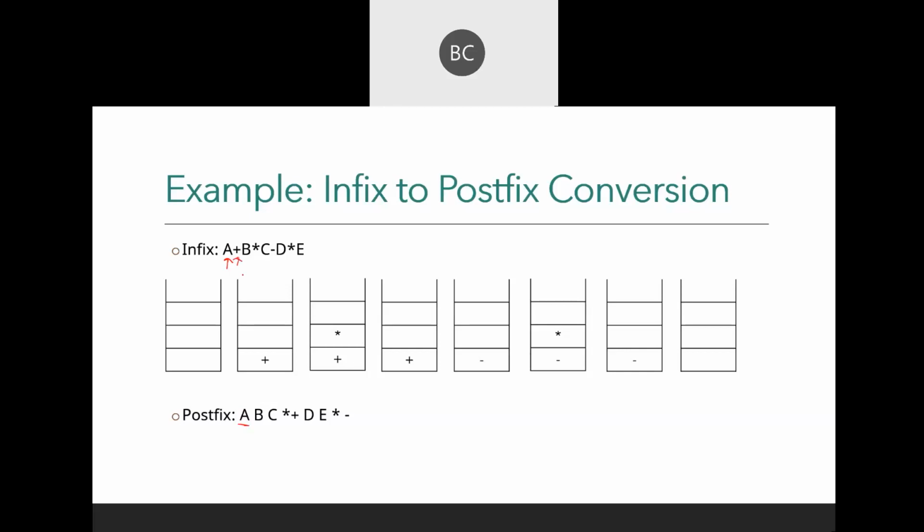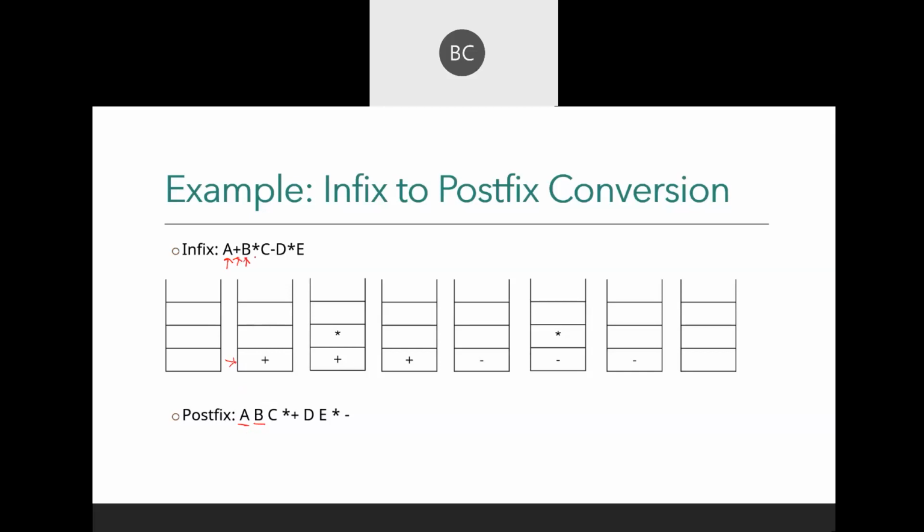Next, it's a plus symbol, which is an operator, so you push it to the stack. Whenever you see an operator like plus, minus, whatever symbols, you push it to the stack. Next symbol is B, so you write it directly into the postfix notation.